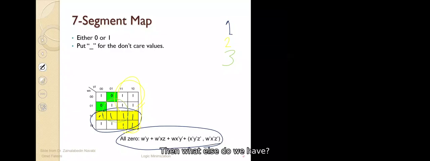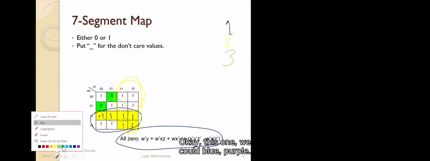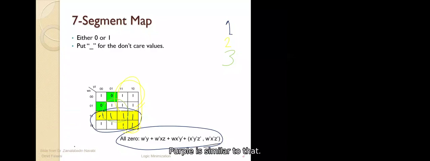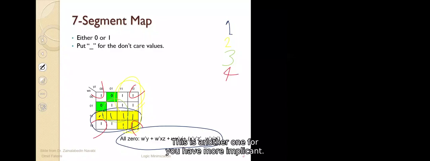Then what else do we have? This one. Okay, this one we could blue, purple. No, purple is similar to that red. Okay, these 4. This, and that one. This is another one, 4.